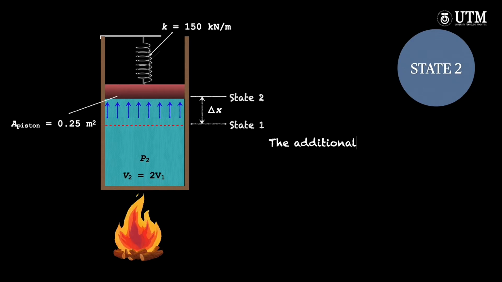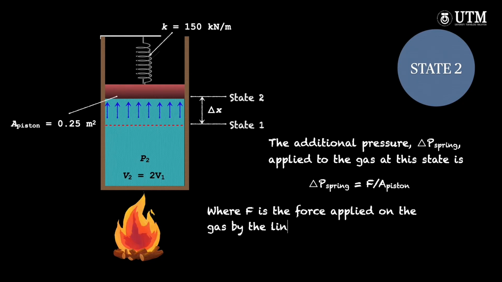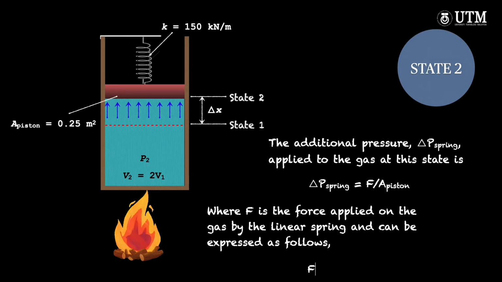The additional pressure denotes ΔP_spring, equal to the ratio of the force applied on the gas by the linear spring to the piston cross-sectional area, A_piston, where k is the spring constant and Δx is the displacement of the piston.